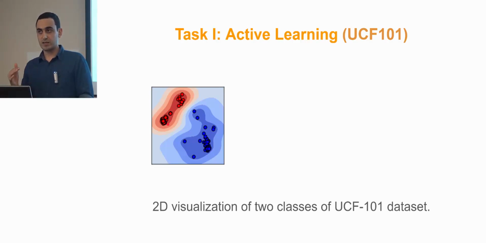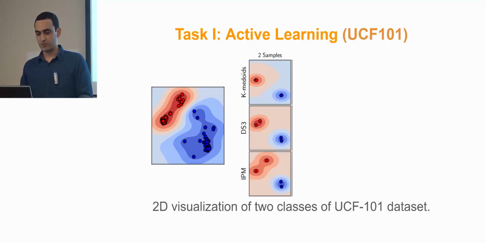So our goal is to select just a few samples. And if the SVM trained on those few samples reproduces these contours, it means that the samples we selected contain enough information to do the classification task. After selecting only 2 samples using different methods, you can see that the decision boundaries for this class are very similar.